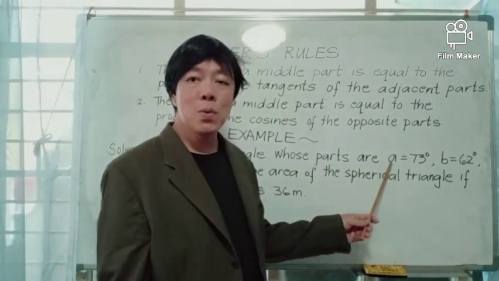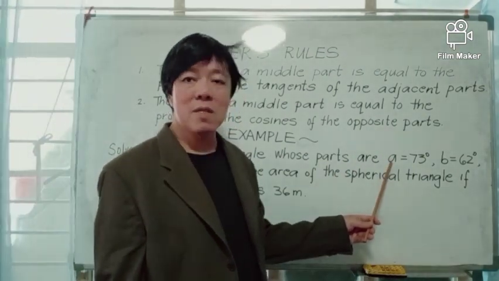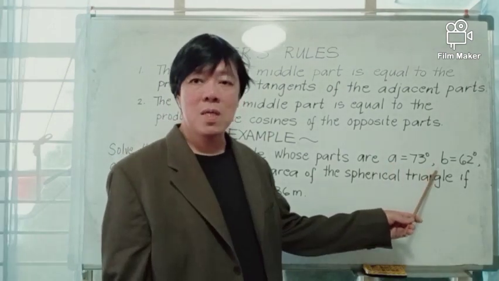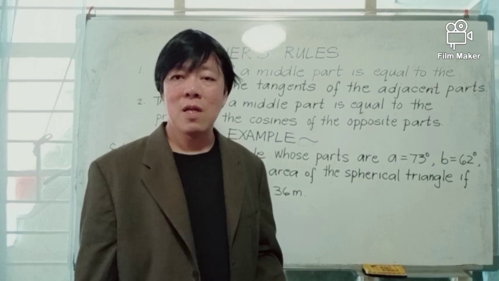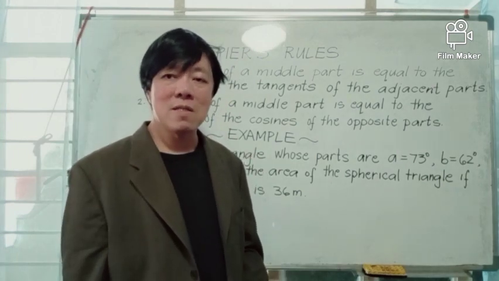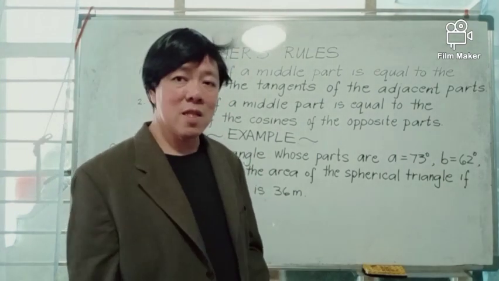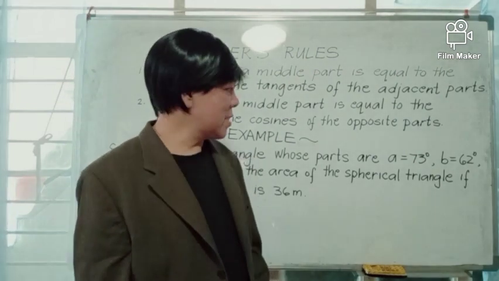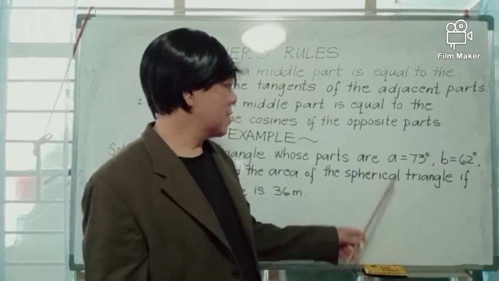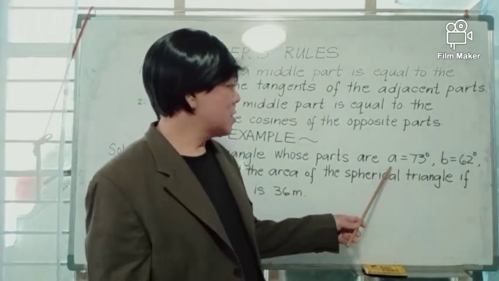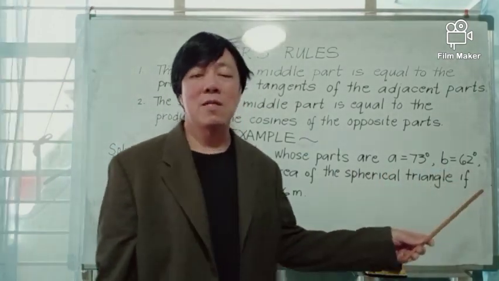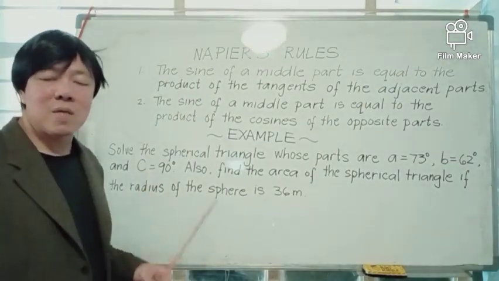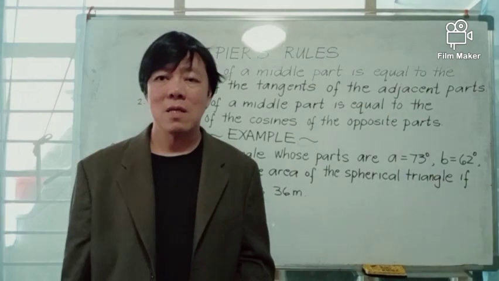And the two sides of the spherical triangle, small a and small b, these are the central angles, the angles that the arcs or the sides of the spherical triangle make with the center of the sphere, are given.